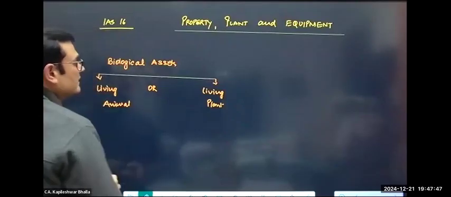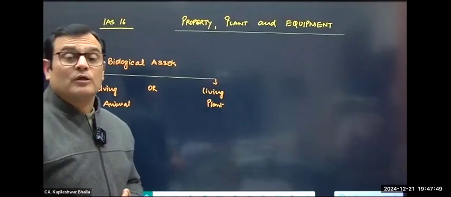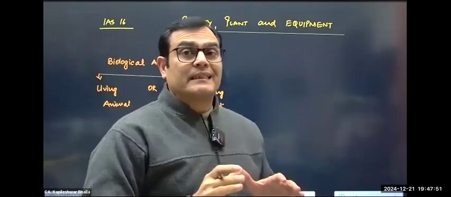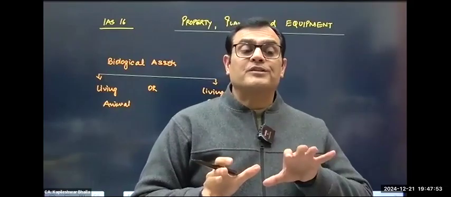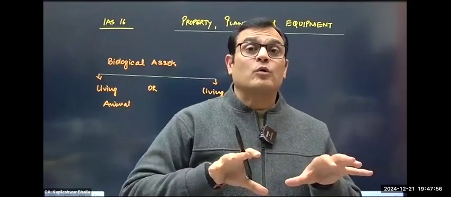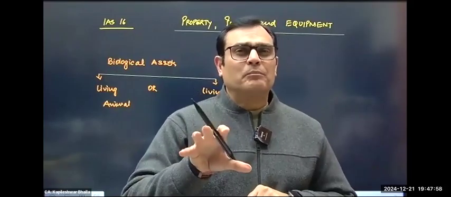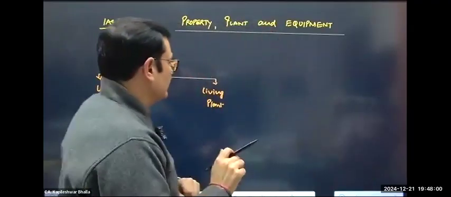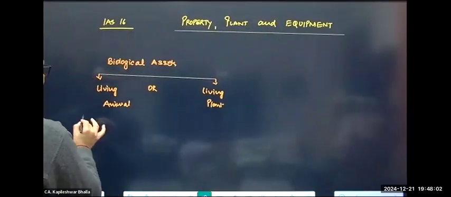If we look at the concept further, a living animal or living plant can be segregated into bearer and consumable. So whether it's an animal or a plant, it is segregated into two elements.